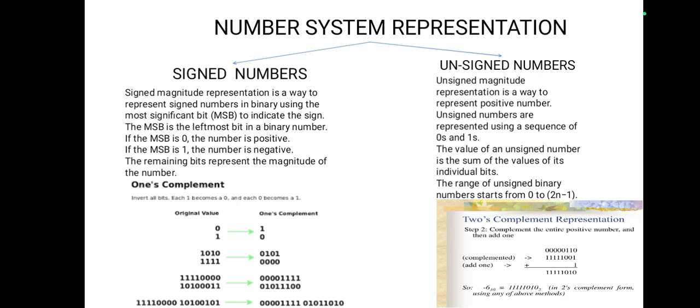Here also, if the most significant bit is 0, the number is positive, and if the most significant bit is 1, the number is negative. The maximum positive number in this 2's complement representation is 2^(n-1) minus 1, and the maximum negative number is minus 2^(n-1).